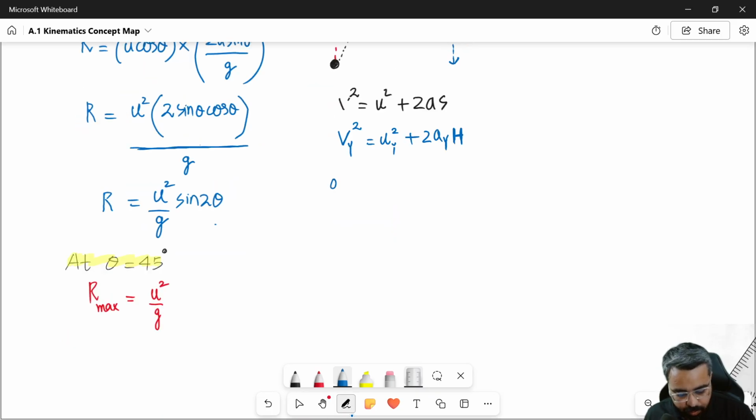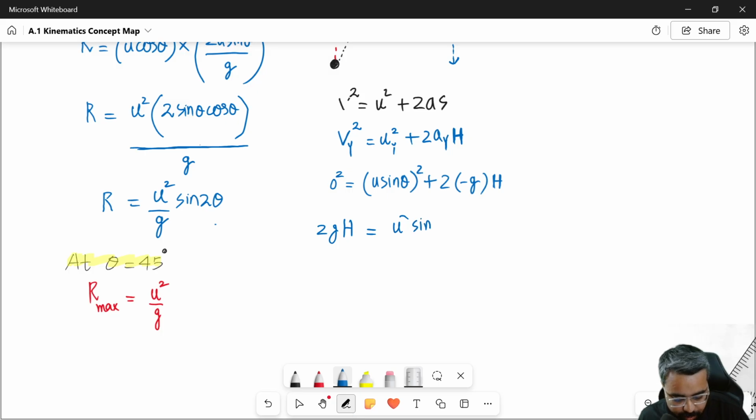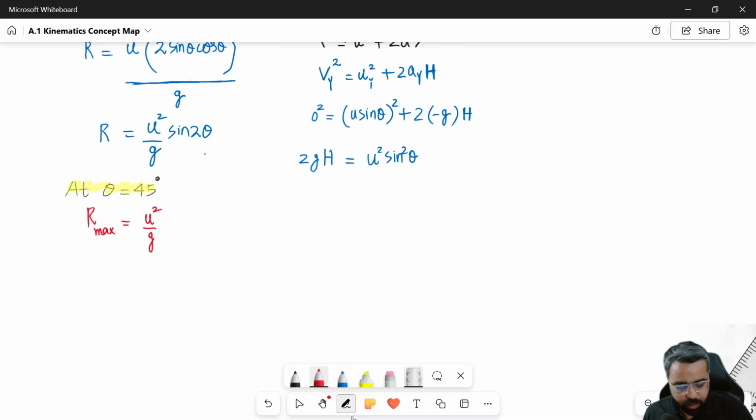So 0 squared equals (U sine theta) squared plus 2 into negative g into H. Now you can take this negative term to the other side and it becomes 2gH, equal to U squared sine squared theta. So students, finally the height is equal to U squared sine squared theta over 2g.